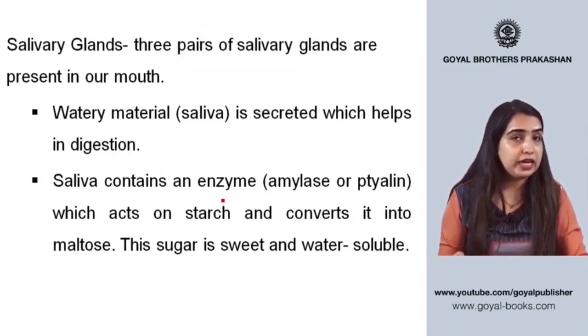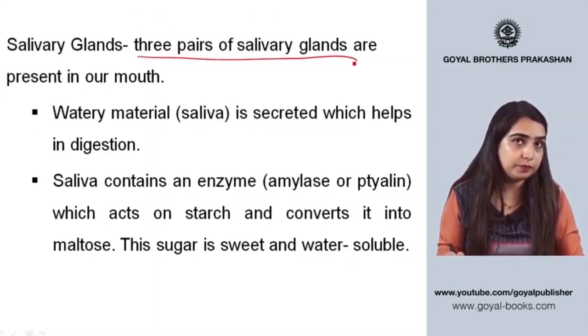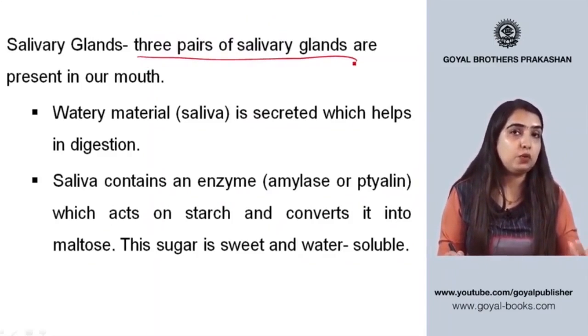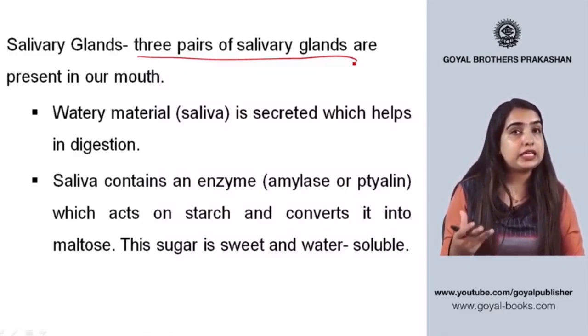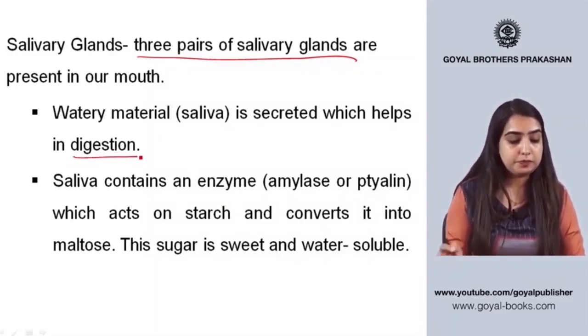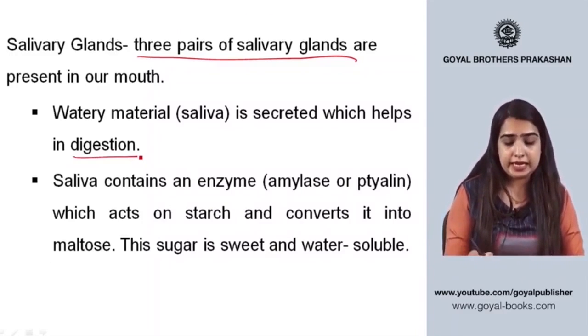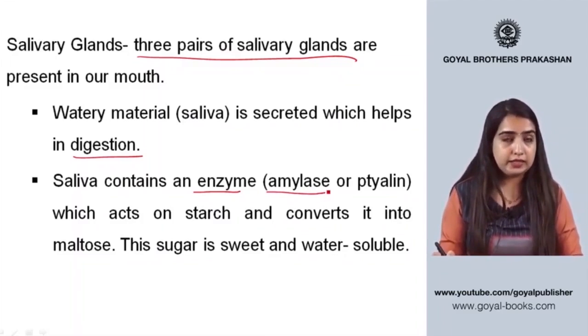Next, we have salivary glands. There are three pairs of salivary glands in our mouth. Saliva is the watery material secreted by the salivary glands, and it helps in digestion because it contains an enzyme called amylase or ptyalin.